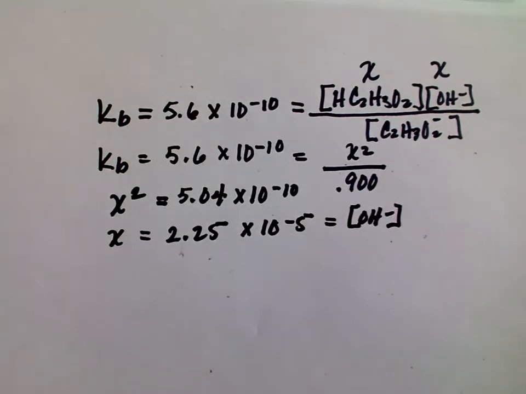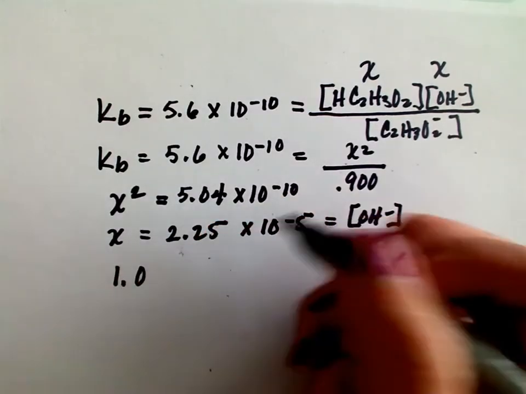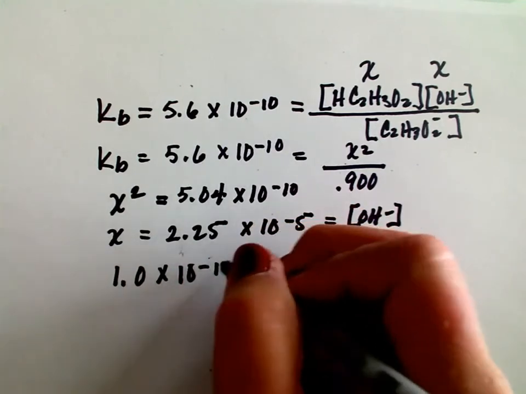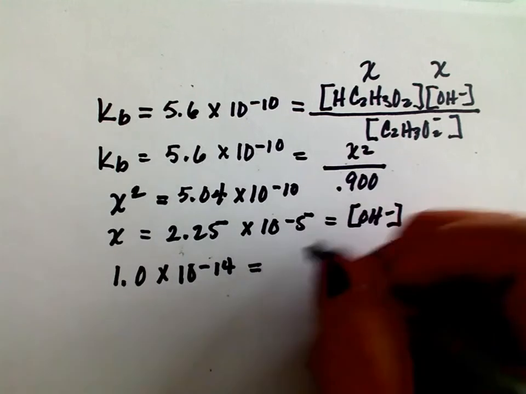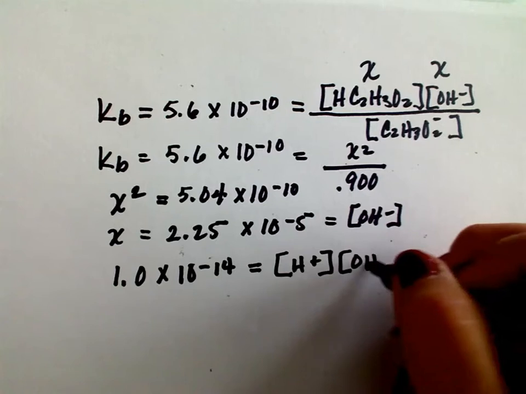Remember, we're trying to find pH here. There's a couple ways that you can approach this. You can either calculate pOH and subtract pOH from 14, or you can calculate hydrogen ion using the Kw, which is 1.0 times 10 to the minus 14, and that equals the concentration of hydrogen ion times the concentration of hydroxide ion, and this is the way I did it.